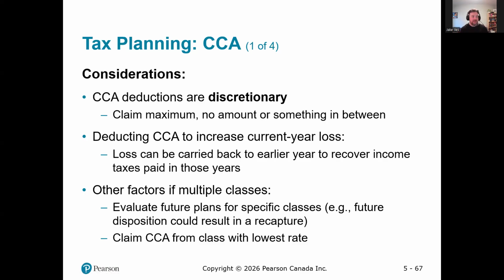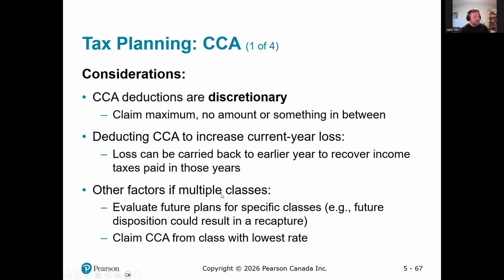Now, that might be beneficial because losses can be carried back to apply against earlier income, so we can apply that loss to an earlier tax year and get a refund of taxes already paid. But if we don't have income last year, then maybe we want to hang on to the CCA. Let's not deduct it now. Let's leave it until we have income in the future.